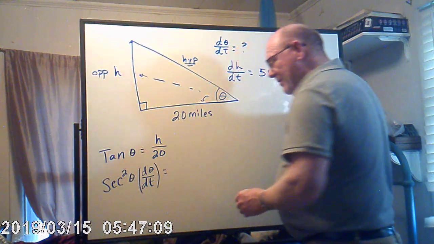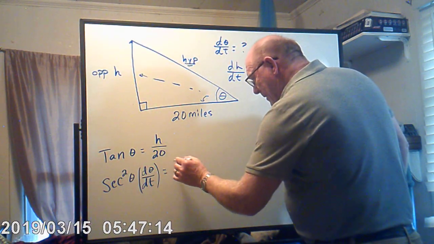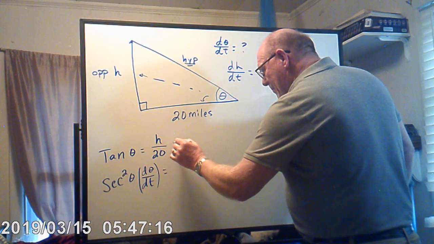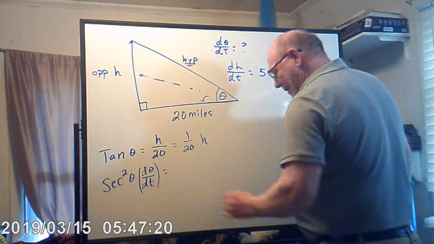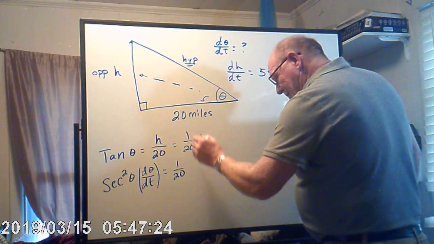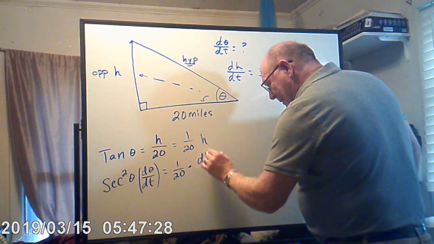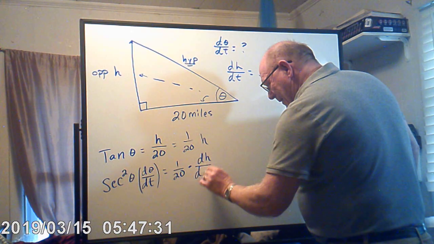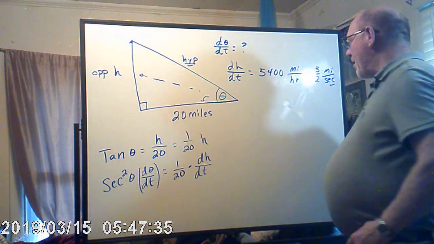Now the derivative of height is just dh over dt. We can make this 1/20th h, can't we? So we can make it 1/20th. Derivative of h is 1, but that's just times dh over dt. Okay, now we already have that.